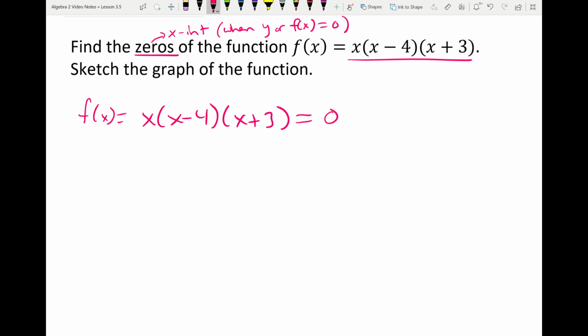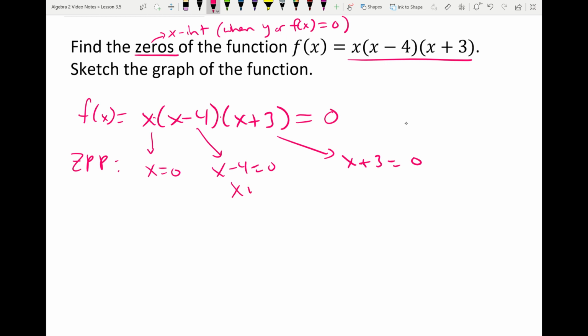Now this is the zero product property, because we have 3 factors here. So we have x equal to 0, x minus 4 equal to 0, and x plus 3 equal to 0. If we solve, this one is just x equals 4, since 4 minus 4 is 0. So we have 0, we have 4, and then x equals -3.